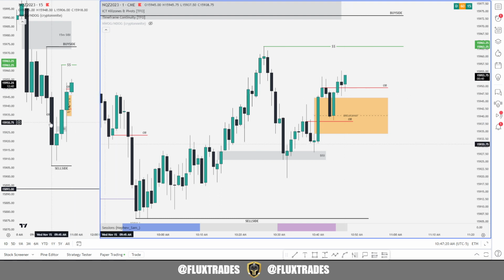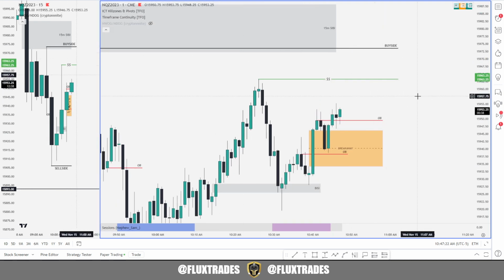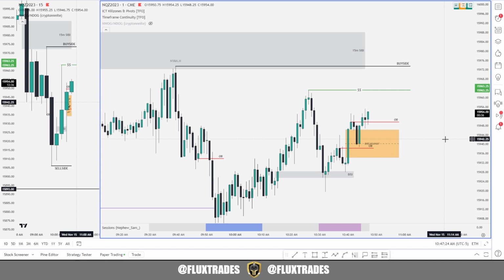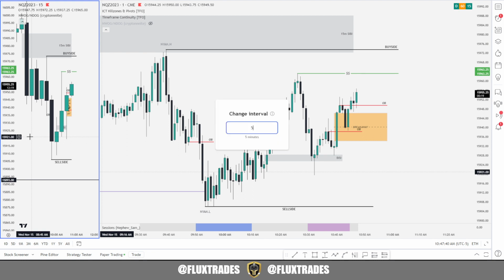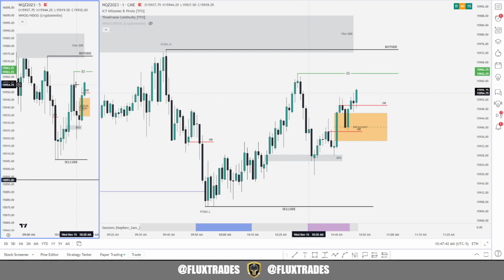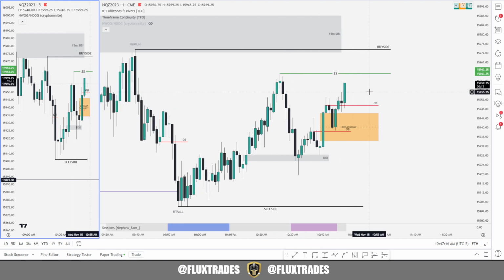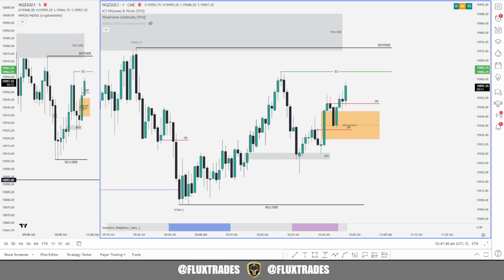Now I want to see speed up to this high on the buy side. Looking good. Now it's that 5-minute order block as well. If we can close above, sorry, the 15-minute here. Let's look at the 5-minute. There we go. This one. Nice speed. Look for the buy side.